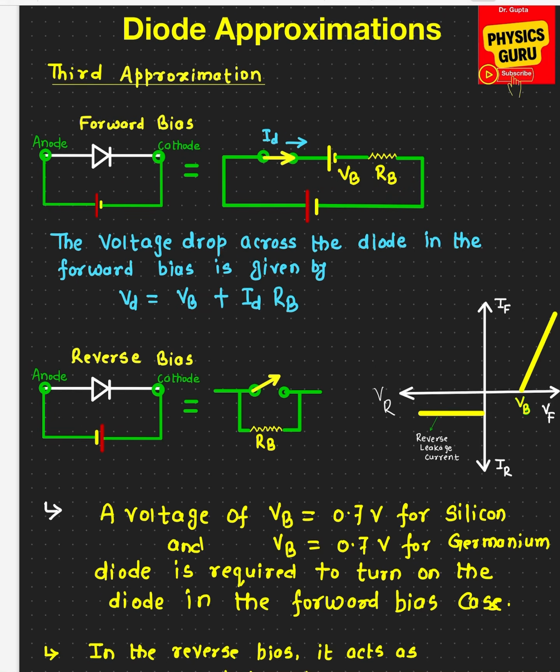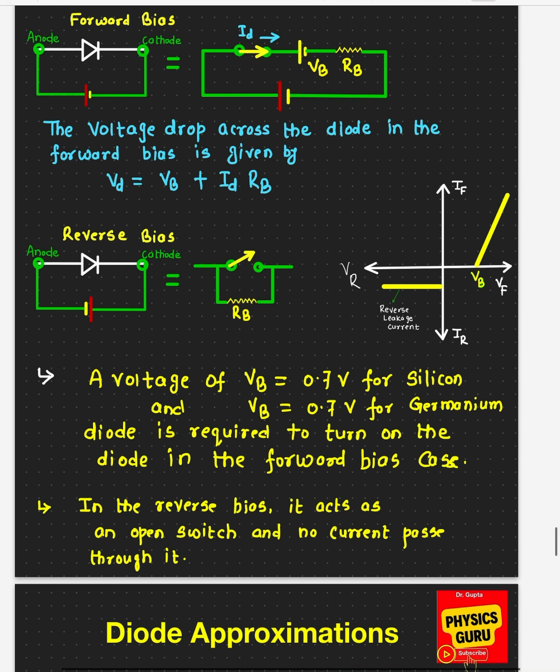Now let's talk about the reverse bias. In the reverse bias, the diode can be approximated as an open switch, but it does have some internal resistance that we call the bulk resistance, and this bulk resistance is connected in parallel with the switch itself.